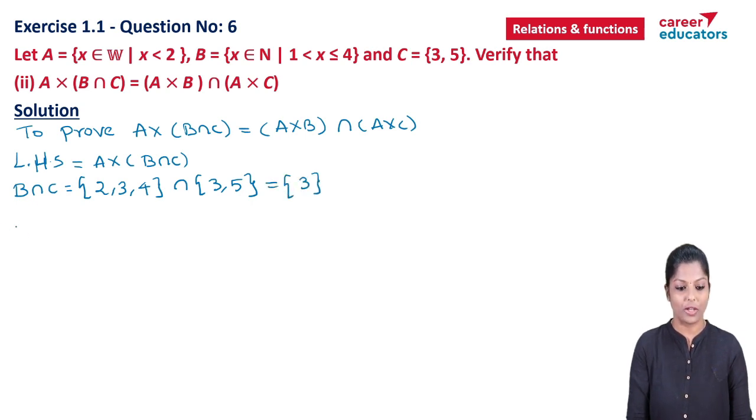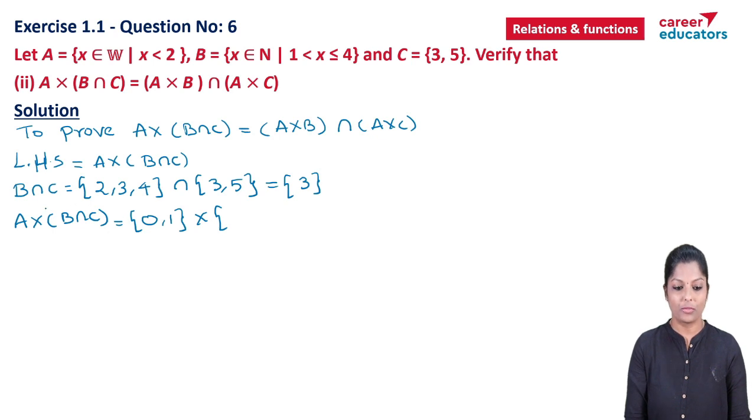Next, we have to find A cross B intersection C. Write all the elements of A, cross, write all the elements of B intersection C. To find A cross B intersection C, we have to pair each element of A with each element of B intersection C.